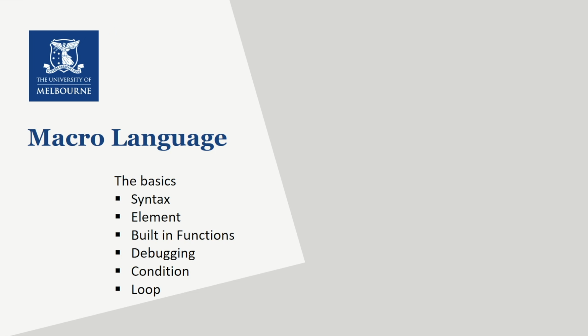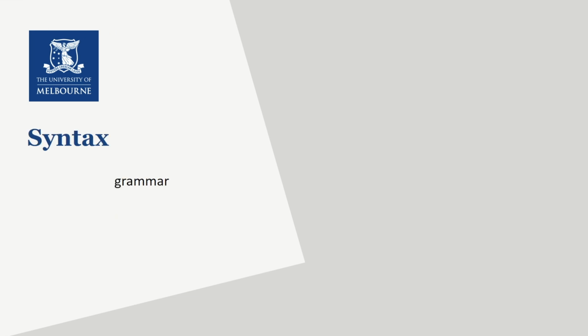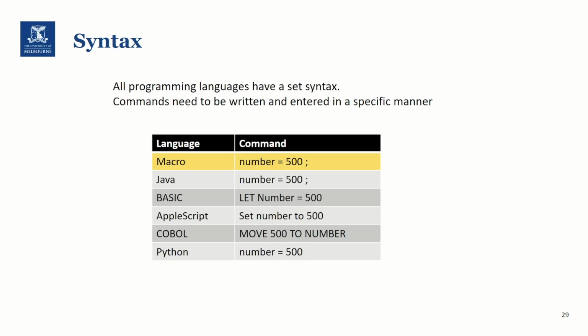For the rest of day 1, I will go through some basics of the macro language. The first is the syntax. Syntax is like the grammar of a programming language. All programming languages have a set syntax, so the commands need to be written in a specific manner.